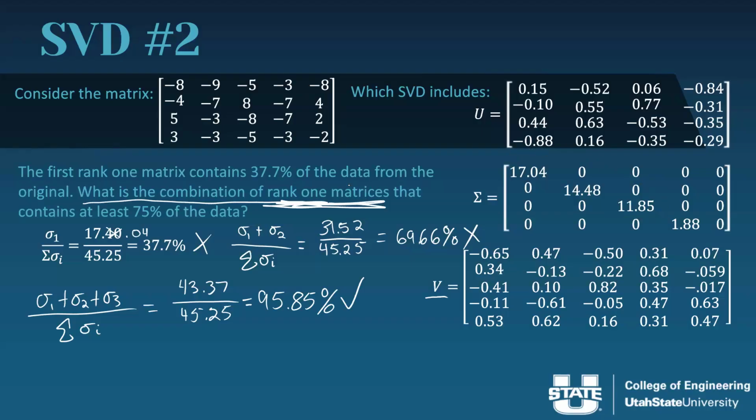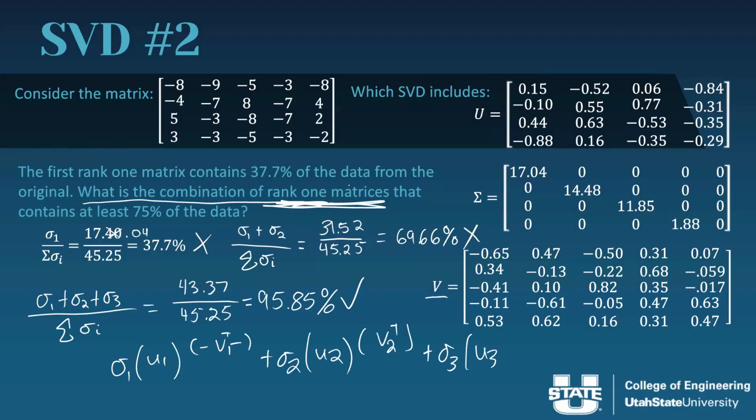So again, there's two ways of doing it. You can do sigma 1, U1, V1 transpose plus sigma 2, U2, V2 transpose plus sigma 3, U3, V3 transpose. That's going to be a lot. So in this case, the other method might be better.